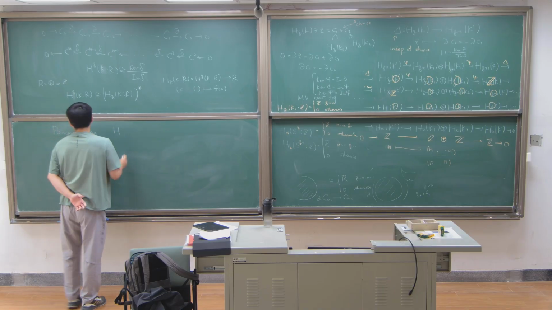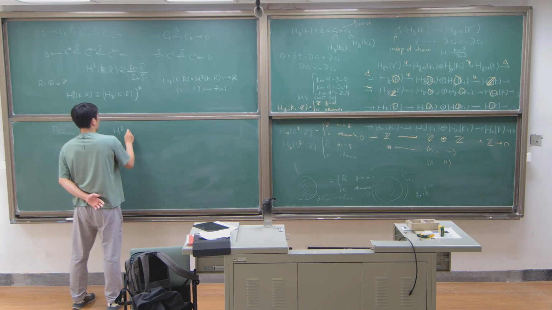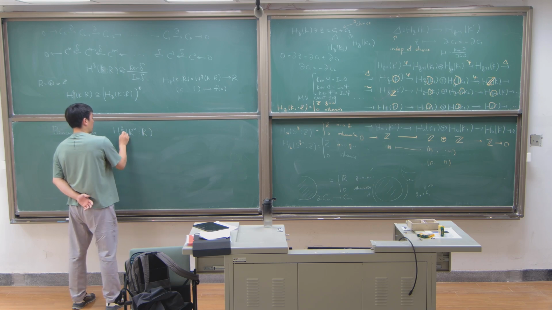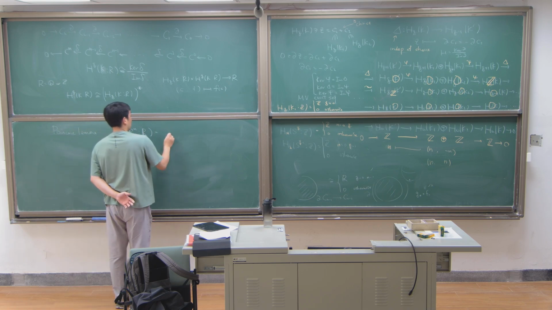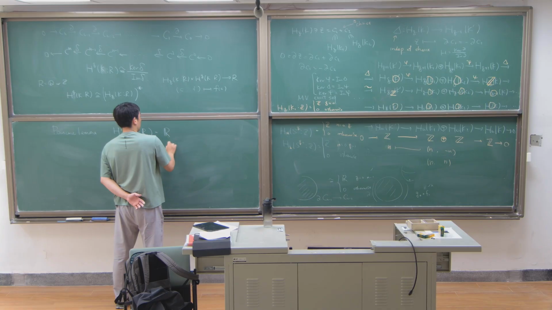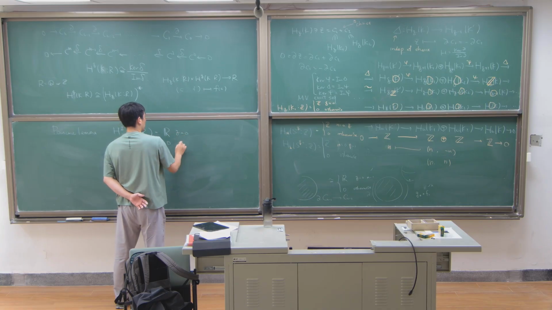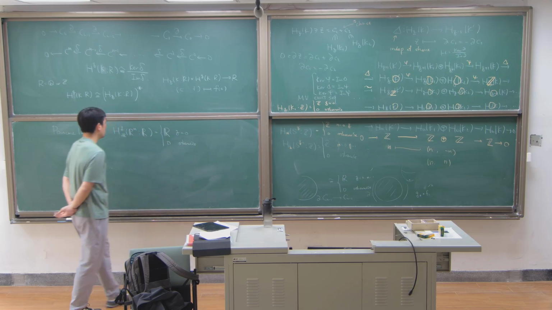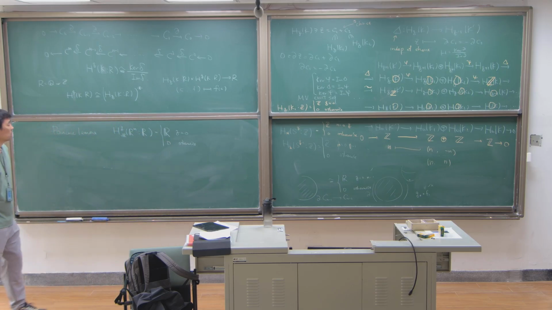So H^q of R^n, for instance de Rham, it's just R for q equal to 0, and 0 otherwise. Okay.